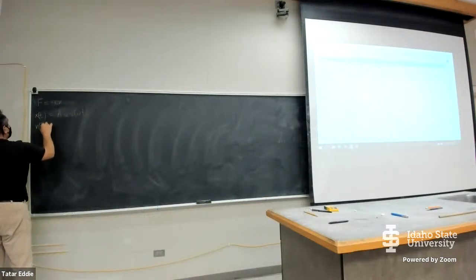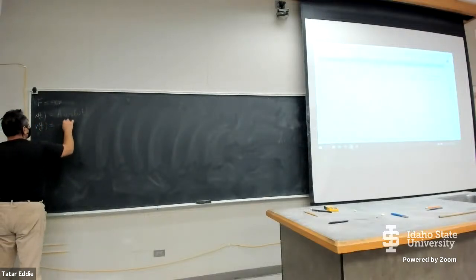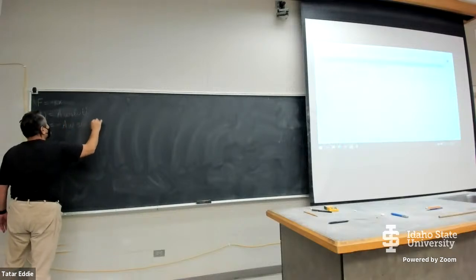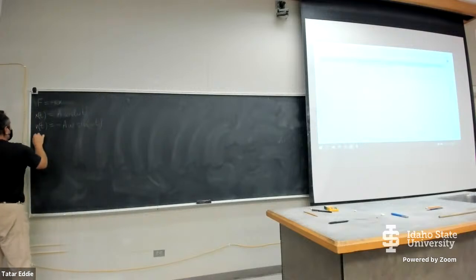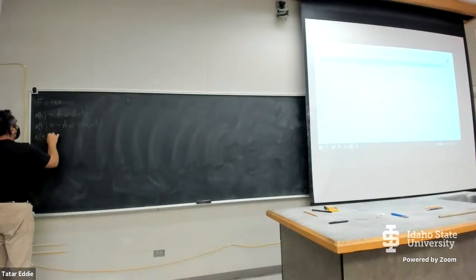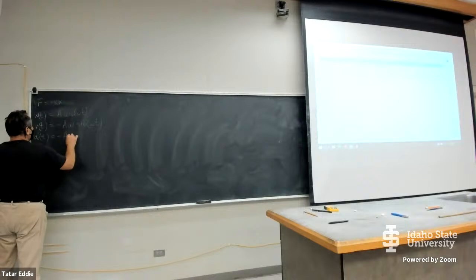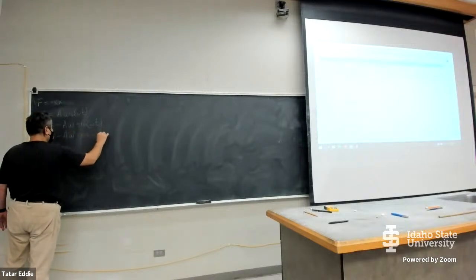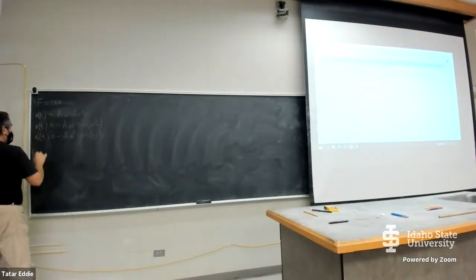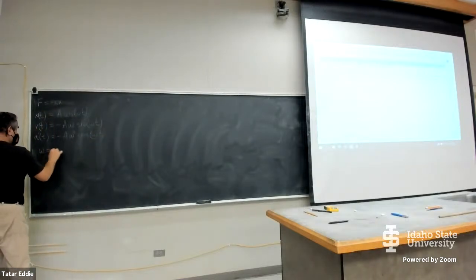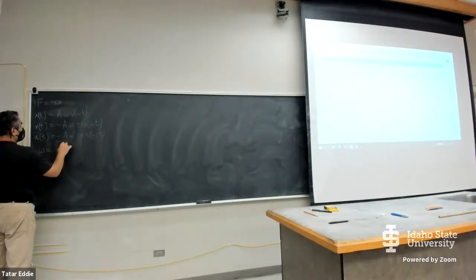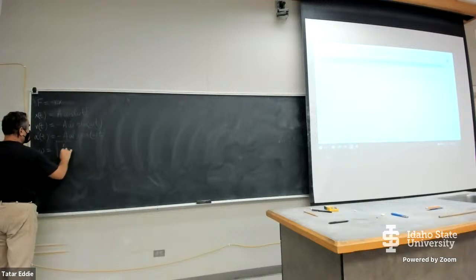The velocity of this oscillating object changes as negative a times omega times sine of omega t. Acceleration as a function of time is negative amplitude times omega squared times cosine of omega t. The angular frequency omega, we demonstrated, is equal to the square root of k divided by m.